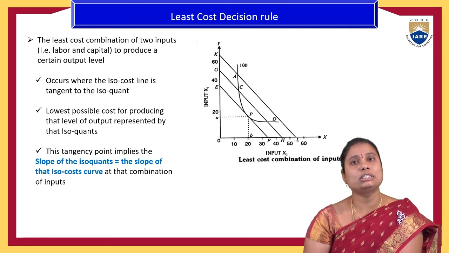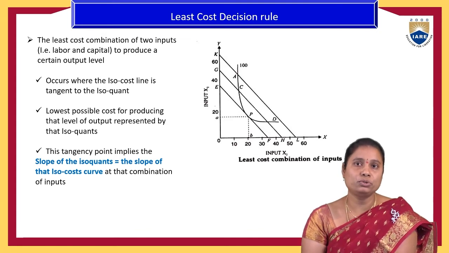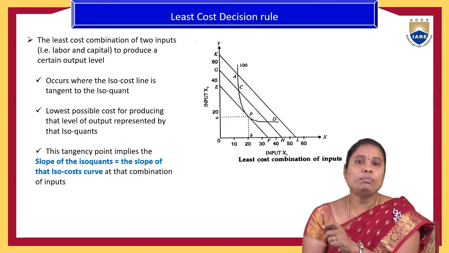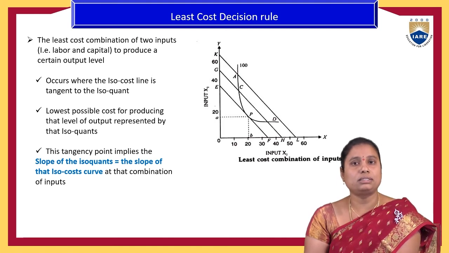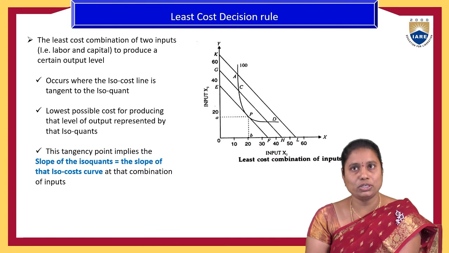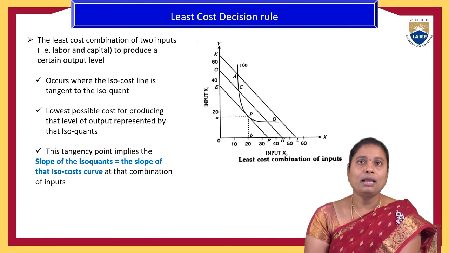So that is the decision rule for the producer: where the slope of the quantity is equivalent to the slope of the cost, that is the best combination to take the best decision regarding the production of any product.